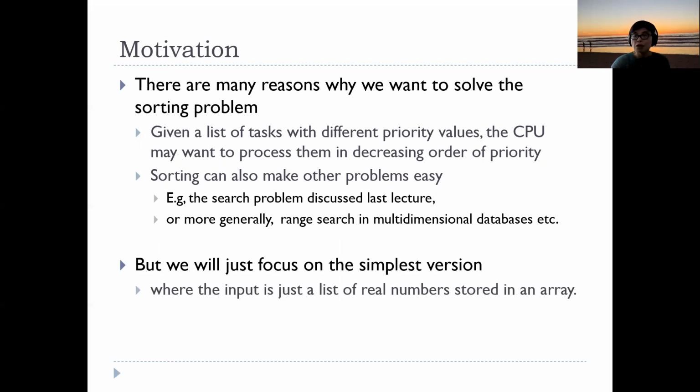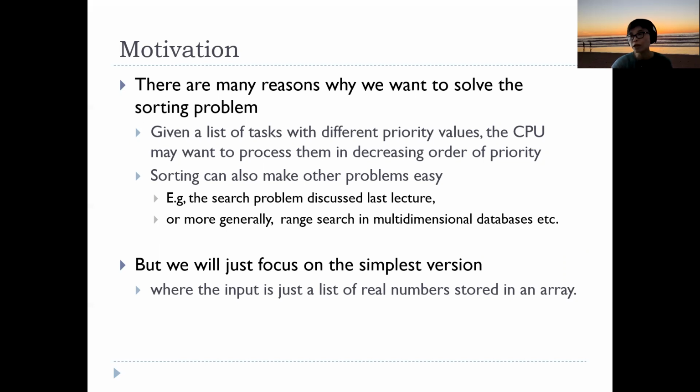In this class, we're going to focus on the simplest version of sorting, which is that you're just given a list of real numbers stored in an array, and we want to sort them from small to large. But there are other variants of this to handle different types of data.